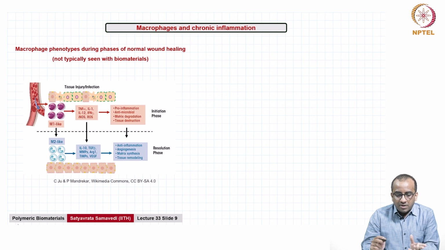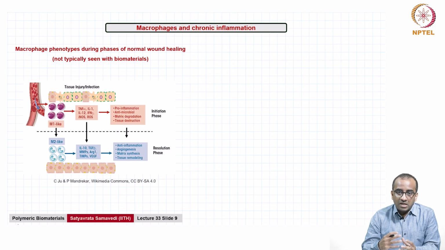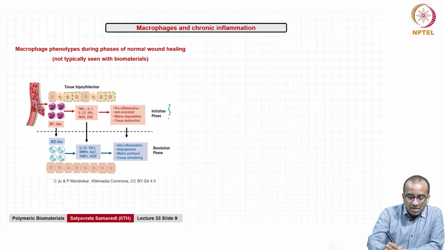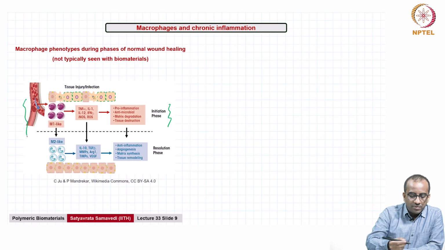Shown here is a cartoon or schematic of what would happen with macrophages in the regular wound healing process. This is typically, again, not seen with biomaterials. So until the initiation phase, what you would call the acute inflammatory phase, macrophages start to become pro-inflammatory.